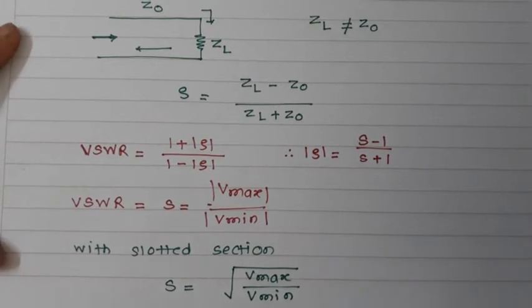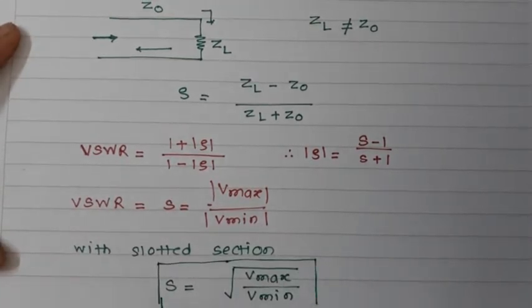We can measure the maxima and minima, but as we are using the diode detector, it is a square law detector, so whatever you get is the square of the maxima and minima. So whenever you are talking about the voltage standing wave ratio with probe carriage, you need to take the square root.